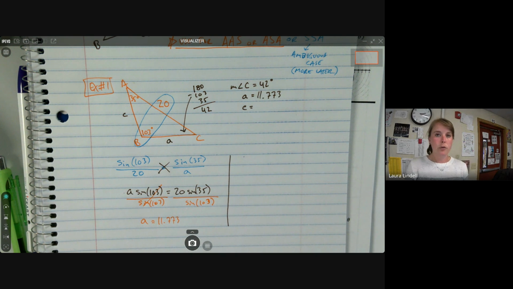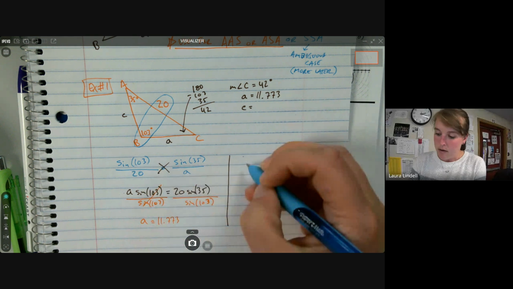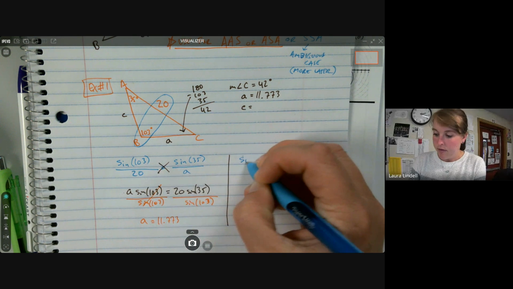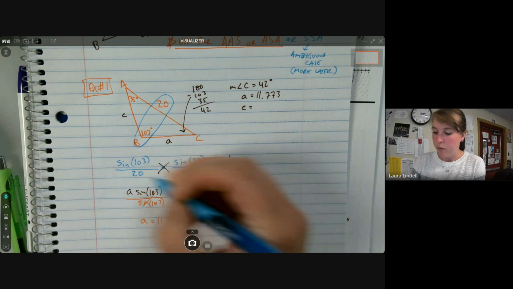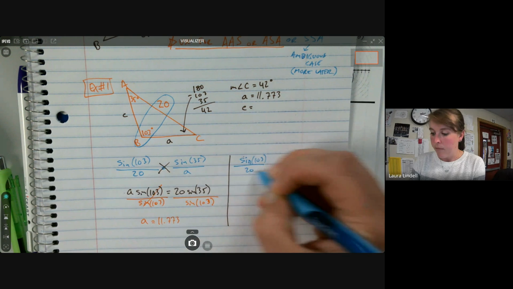All right. Hopefully you took a second and paused the video and found the length of side C. We're going to go ahead and show how you would find that. So we're going to set up exactly the same kind of thing that we had going here. Same thing exactly over here, sine of 103 over 20.